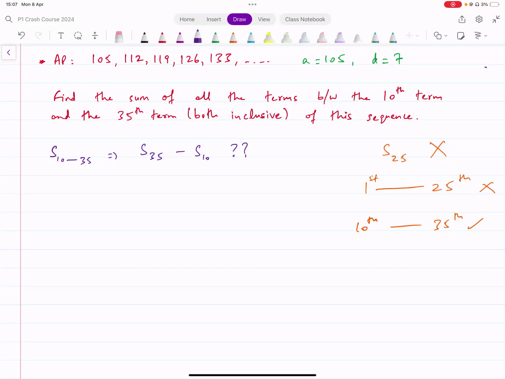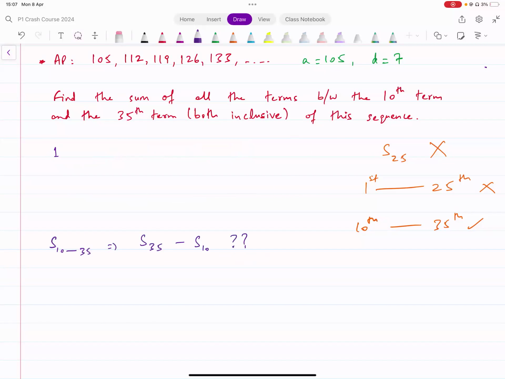Yes, sir. Does everyone agree to this? There's a slight problem with this. Anyone who can spot that? Can this work or not? Okay, think about it. Let's say we've got the terms written like this.